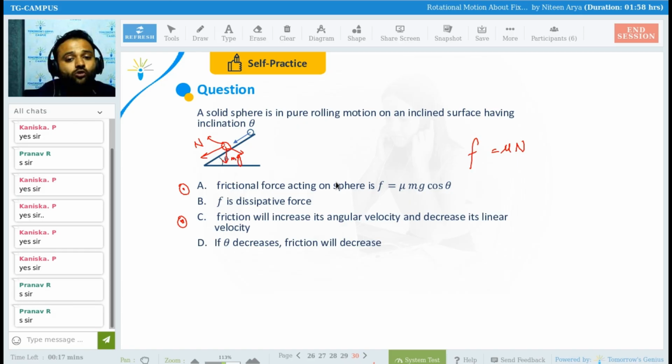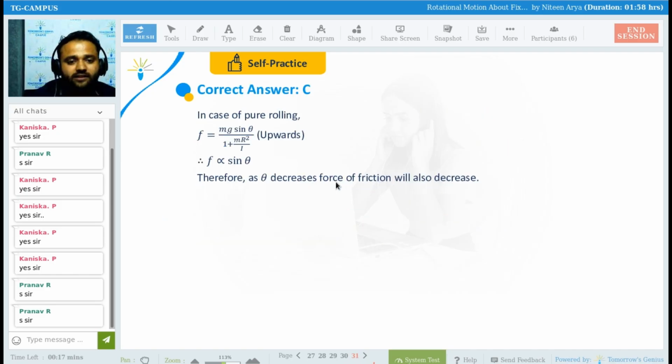Clear? But the more accurate option here is C. Friction force will increase its angular velocity and decrease its linear velocity. How so? In this way.